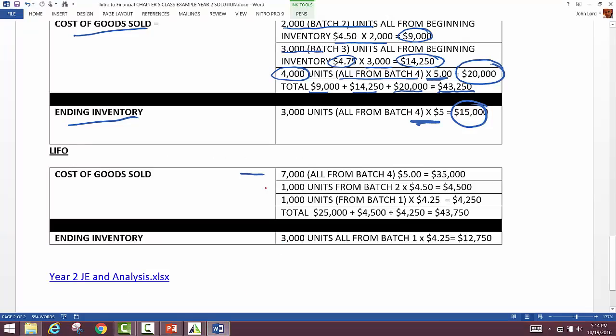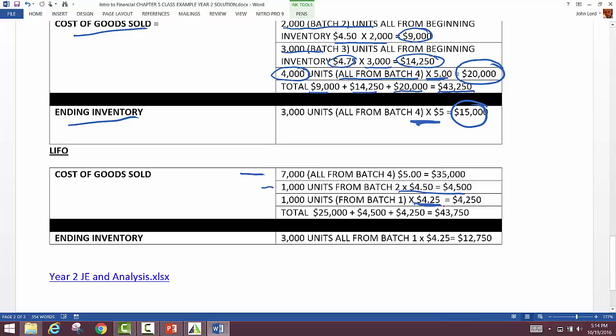We sell 1,000 of those at 450. And then we sold 9,000, we still need 1,000, don't we? So we have to pull 1,000 now from that bottom batch, the 425 ones, that we were assuming are sitting down there at the bottom.